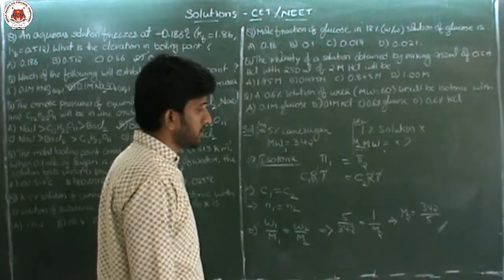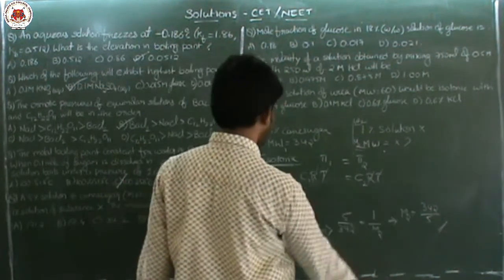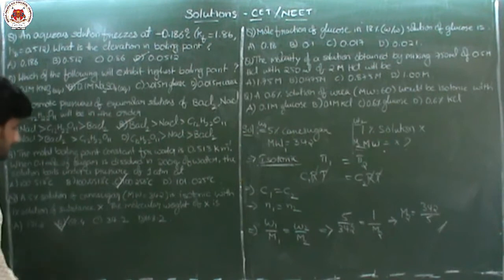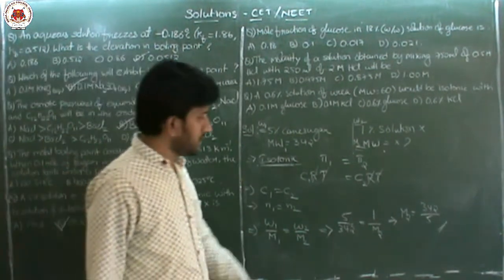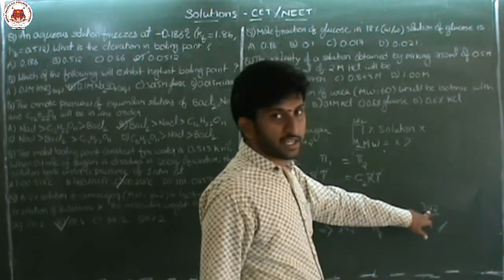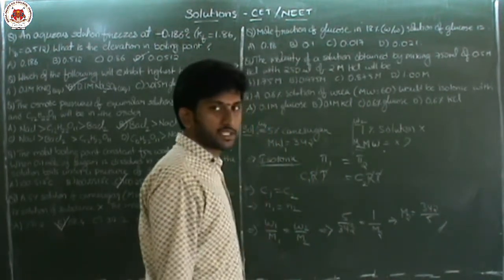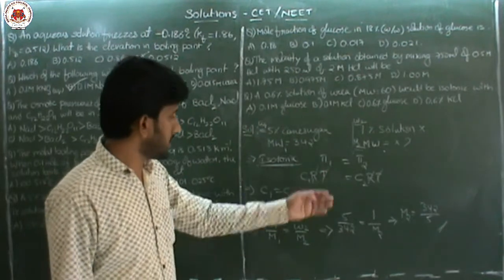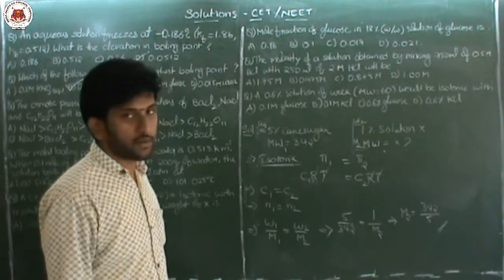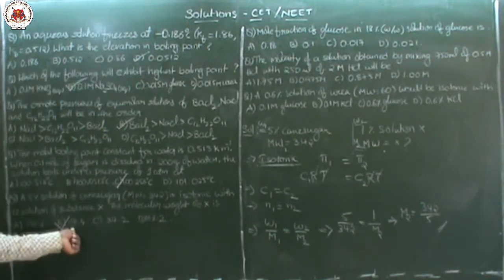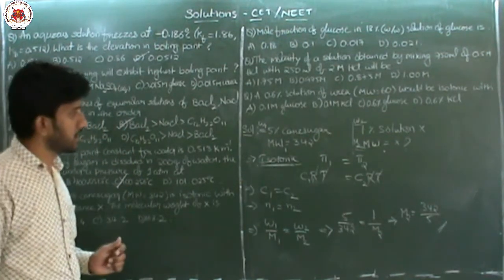So it comes near to 68.4. The molecular weight of component X is 68.4 grams per mole. Clear?